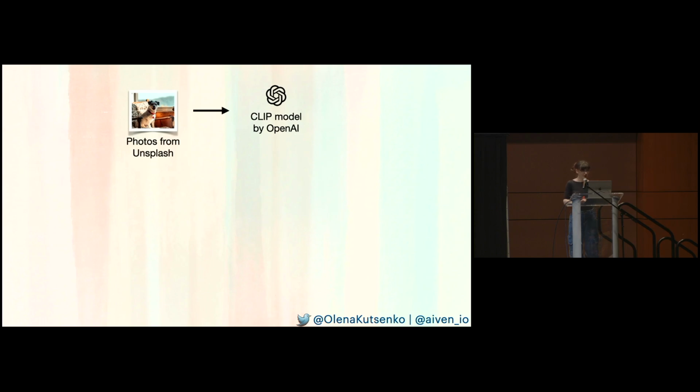To make the search for images, we can process a set of images which you have. For example, Unsplash has a big dataset of images, and we can take each of those images and transform it into a vector.